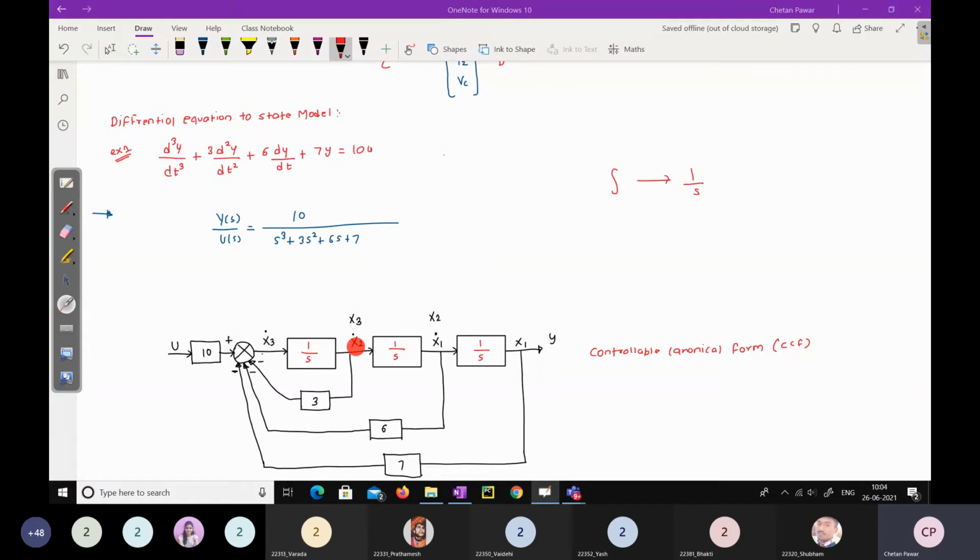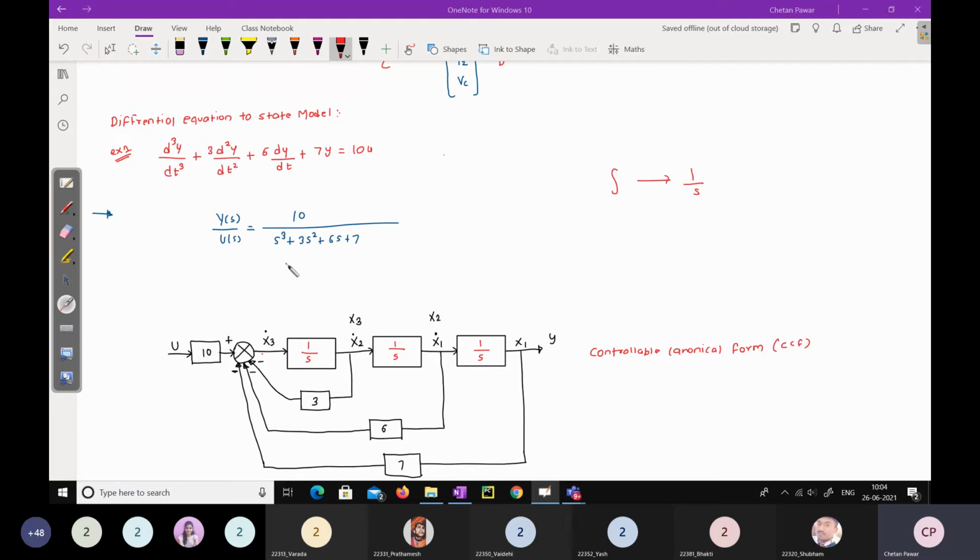And the input for the last integrator will be x3 bar because its output is x3. So we just form these blocks and their inputs and outputs.